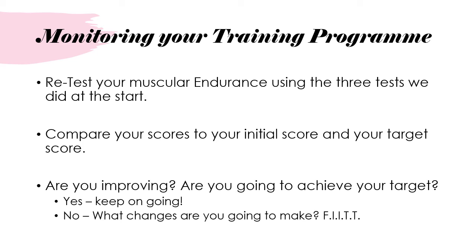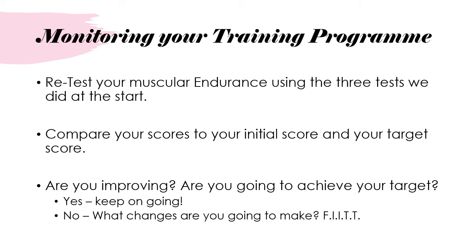If you are improving and you think you're going to achieve your target, then brilliant. Keep on going, keep on doing what you're doing, and keep on listening to that internal feedback, both your emotions and how your muscles are feeling, to keep making those adjustments. If you're not, then what changes are you going to make to be effective so that you reach those goals?